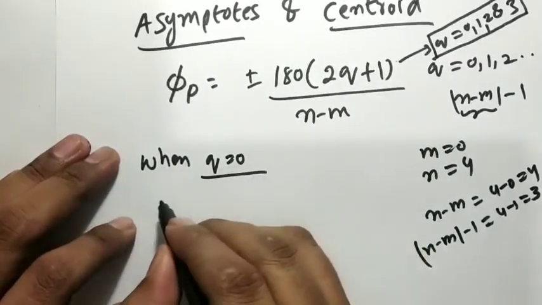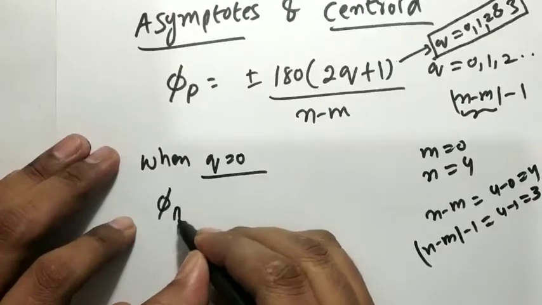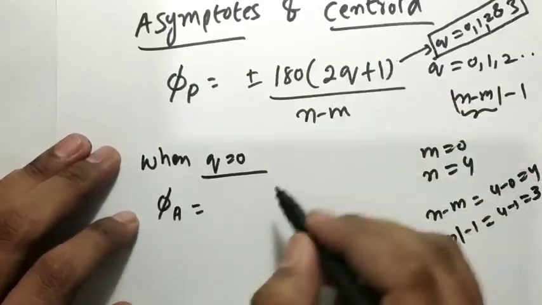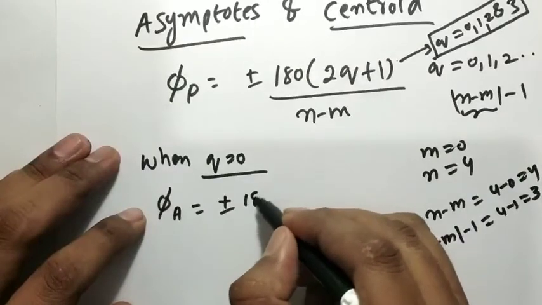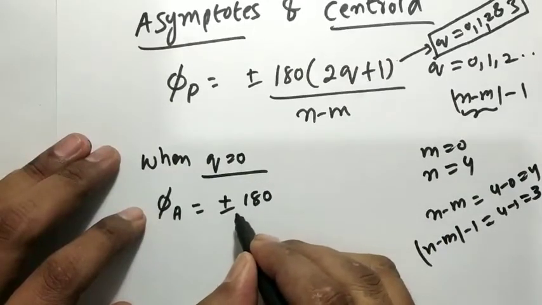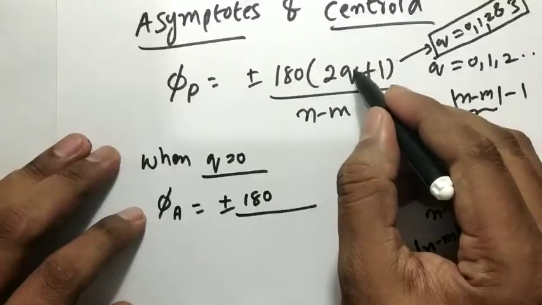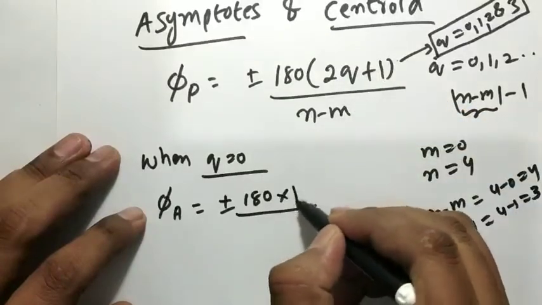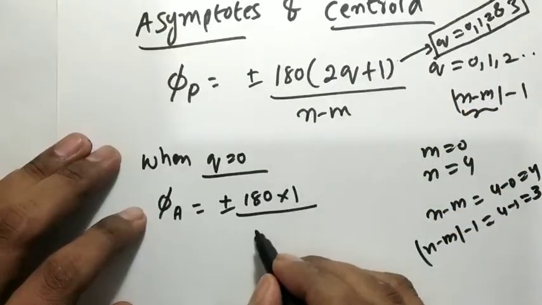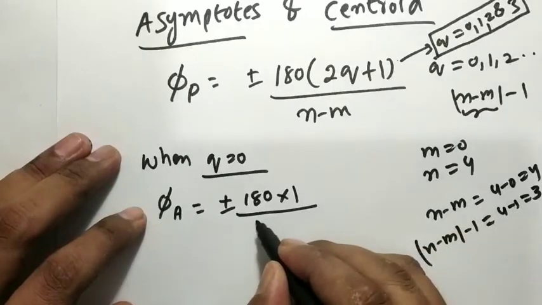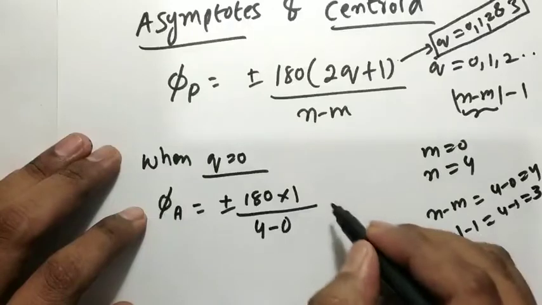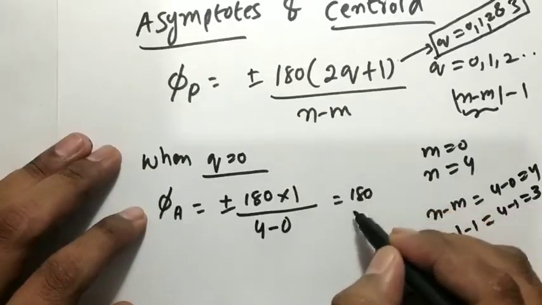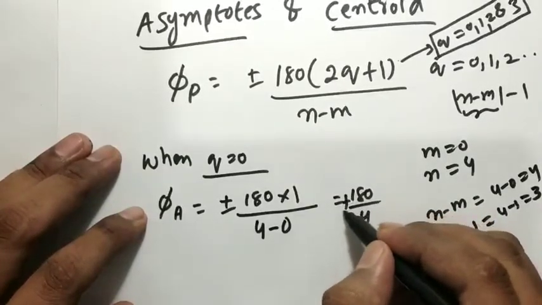So when q is equal to 0, the angle of asymptote φa is equal to plus or minus 180 by 2q plus 1, divided by n minus m. Here n minus m is 4, so you will get 180 by 4, of course with the plus or minus.